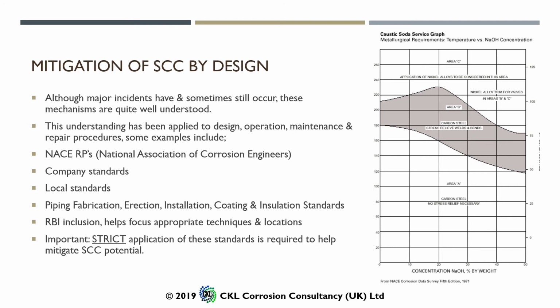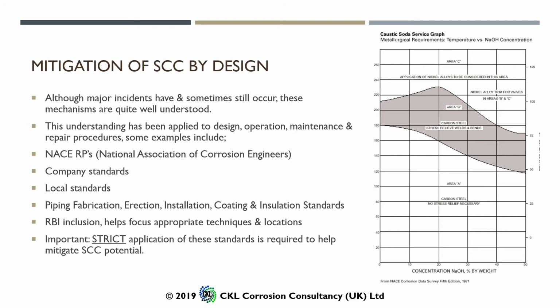Now, with regards to some of the cracking mechanisms which we'll cover, some of these are external environmental stress corrosion cracking, such as chloride. So chloride stress corrosion cracking from an external environment under insulation is quite a big issue. So this is where the coating and insulation standards and cladding become very important.